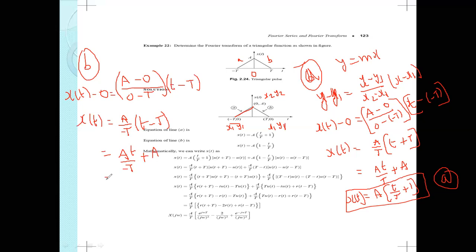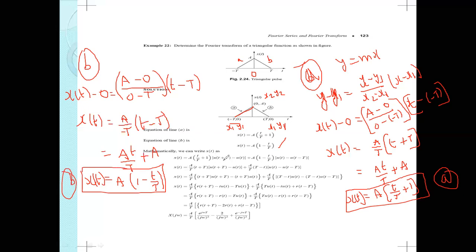Take a as a common, and it becomes a of 1 minus t by capital T. Okay, this is x of t. The slope of this b, x of t is equal to a into 1 minus t by capital T, and the slope of a is a into t by capital T plus 1.